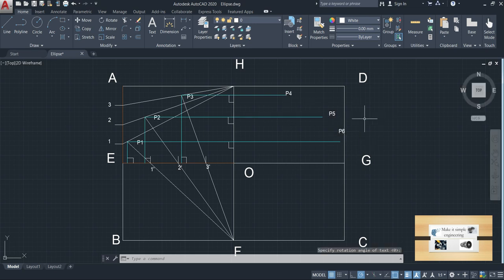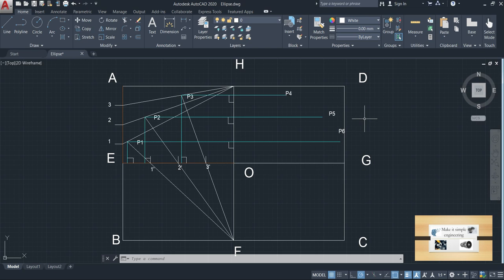Here you can see the extensions: from P1 you will get P6, from P2 when you extend you will get P5, and from P3 you will get P4.